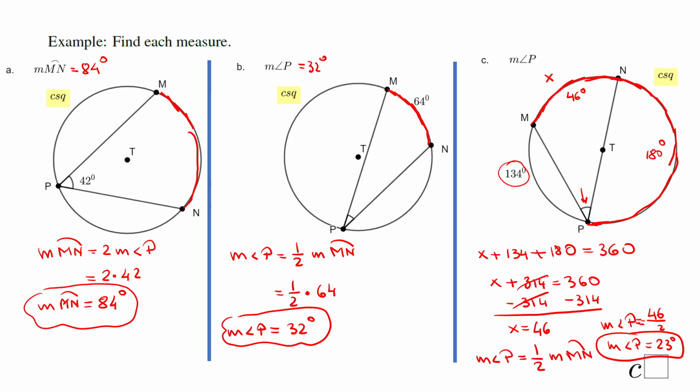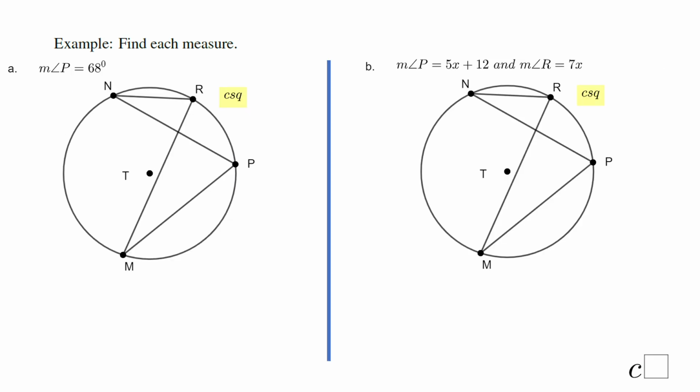Okay, and that is the first example in this lesson. And the second example, we're going to use the second theorem I mentioned a couple of minutes ago, which tells us that, for example, angle P here and angle R are congruent.